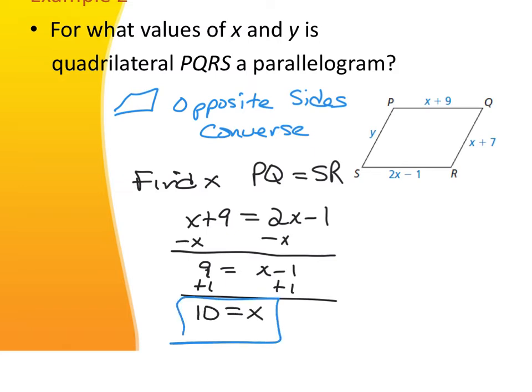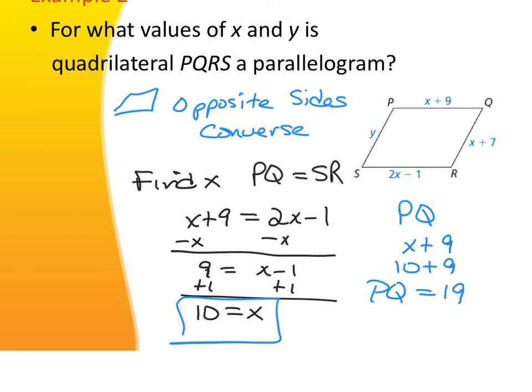However, let's say the question didn't say just find x. Let's say it said find the length of PQ. So here's where you would take PQ, which is x plus 9, plug in 10, and you would find out that PQ equals 19.